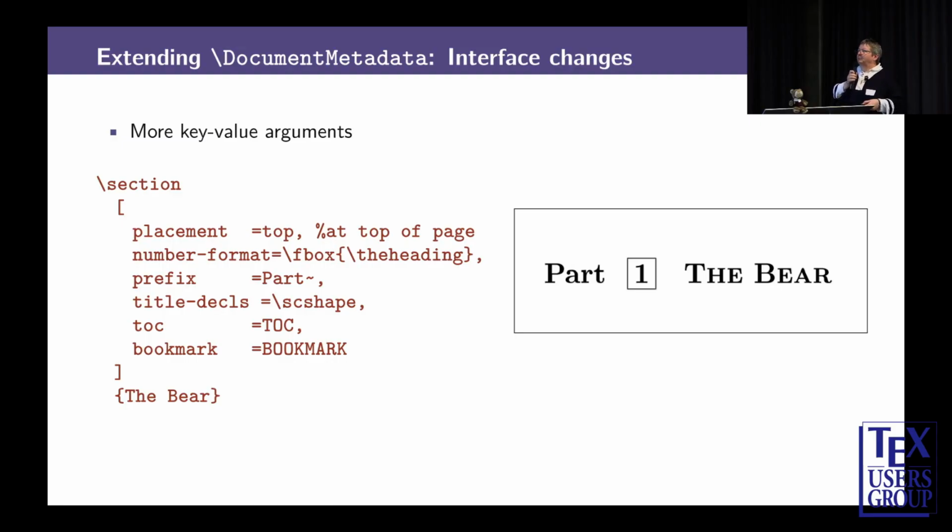I made a box around the number, I put a prefix in it, and I made it small caps. And you can also specify the text for the table of contents and the text for the bookmark individually. So the bookmark would show "bookmark" and the TOC would show "TUG" in this case.